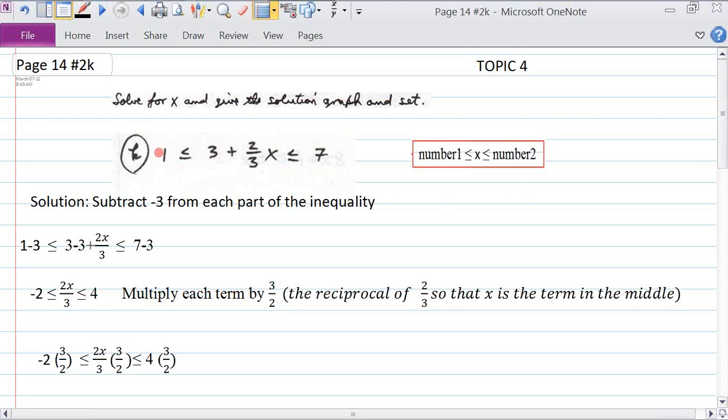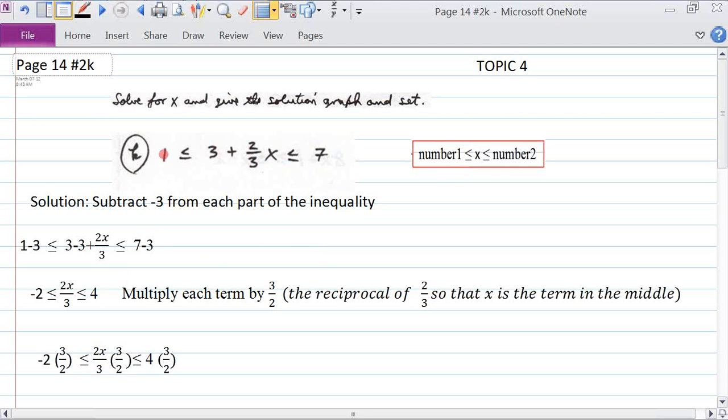And again, here we have 1 less than or equal to 3 plus 2/3 x less than or equal to 7. So we're asking, what are the values of x that make this inequality true? And just like the last problem, what we want to do is get a number to the left of x and a number to the right of x, and just x by itself. We don't want this 3 plus 2/3 x. The first thing we're going to do is subtract 3 from each part of the inequality.